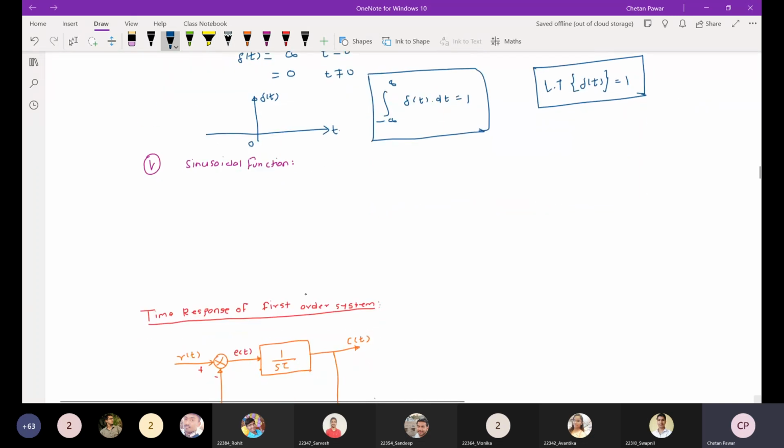Then there is a sinusoidal function. Tell me the Laplace transform.